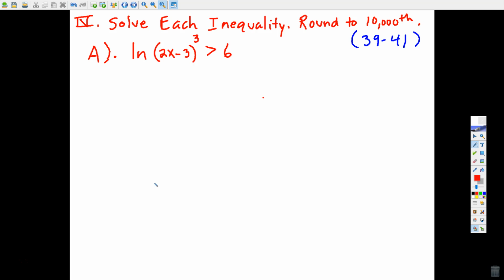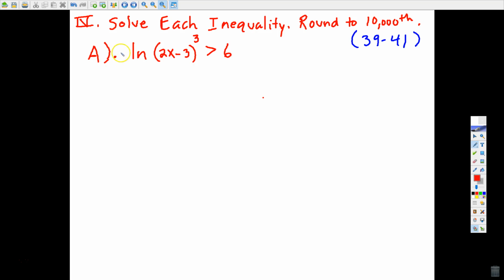Very similar to what we did yesterday. All right, so I noticed that there is nothing in front of the natural log, no operations happening, so I'm good to go. I'm ready to turn this into an exponential inequality, base e.